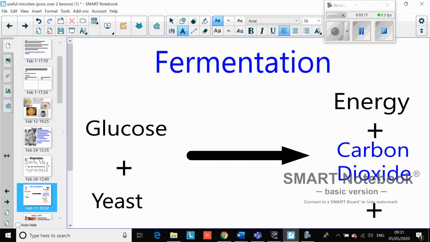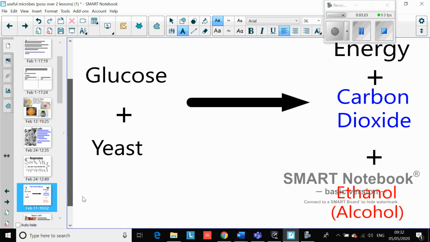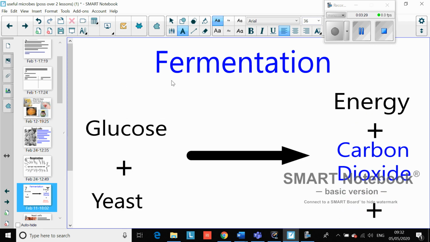Have a look at this for a moment. Glucose plus yeast gives energy, carbon dioxide, and ethanol, which we know as alcohol. Now, quick question. What's missing from this that was present in the last type of respiration? Okay, so those of you with a close eye will have spotted that actually there's no oxygen.